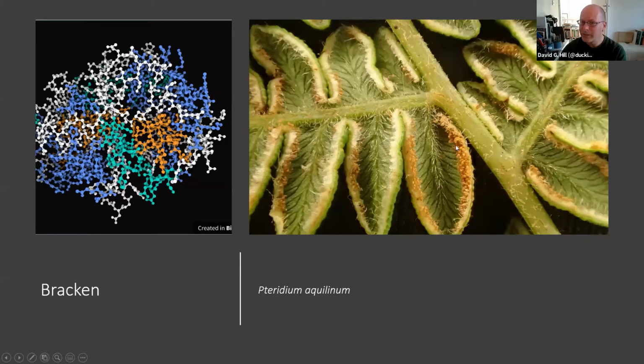But once every 7 years or so, you'll get a good hot year, then you'll get a good amount of spore production. And these produce billions and billions of spores, so you don't need many to successfully germinate to set off a new generation. But most bracken is clonal in terms of its spread.